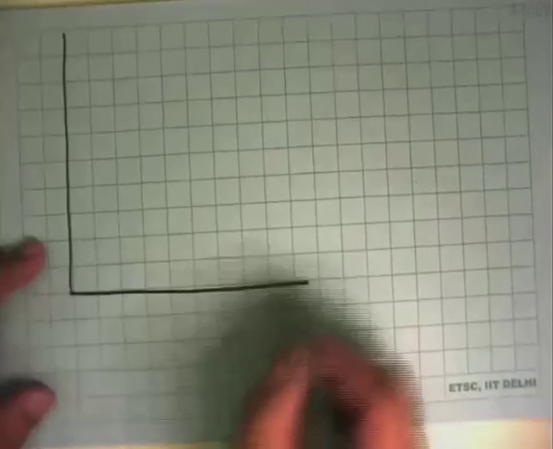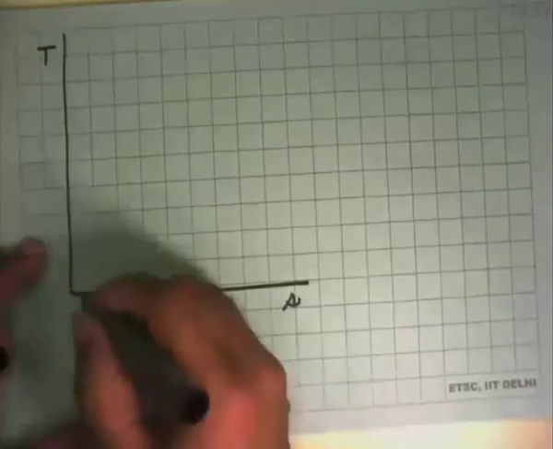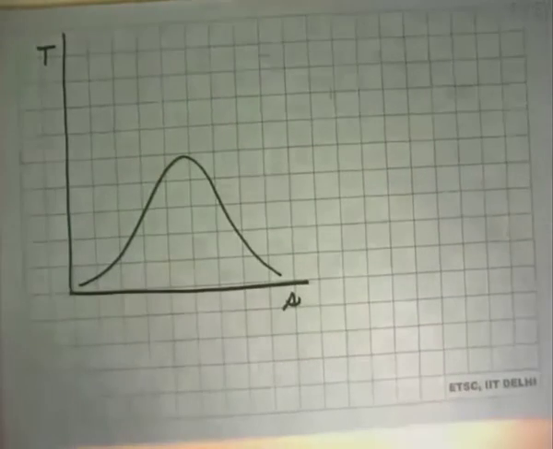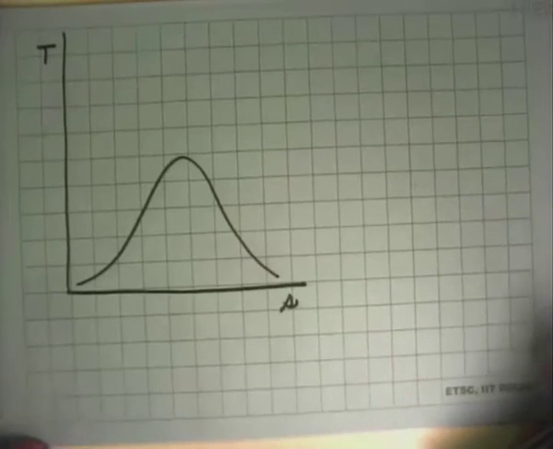Now we see what it looks like on the property diagram. It's a T-S diagram. If you are looking at steam turbines, we have to show the dome. What you would like to do is avoid a two-phase mixture inside a machine like a turbine.